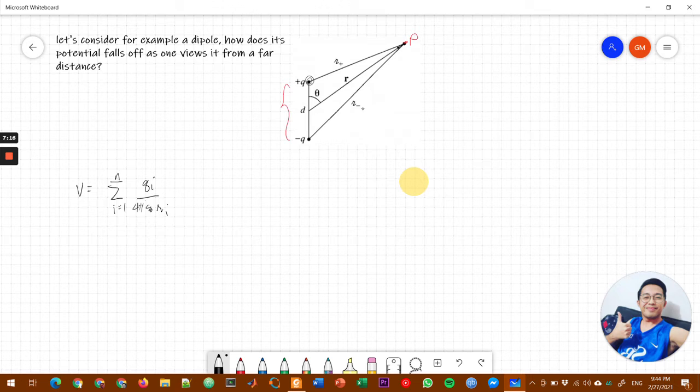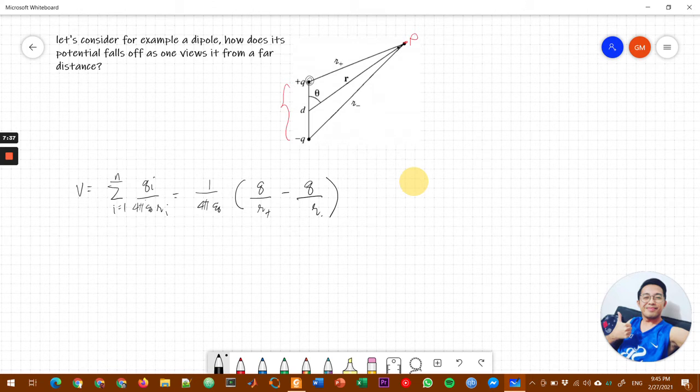If we expand this, we have 1 over 4 pi epsilon naught times positive Q over R plus, minus Q over R minus, since the charge is negative.